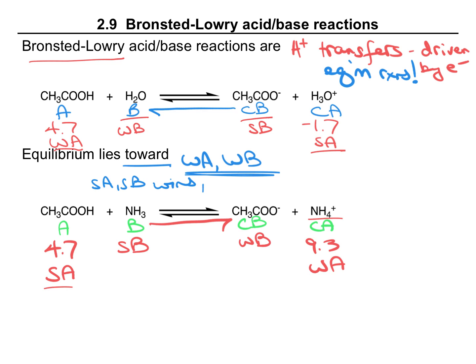Instead, we want to focus on the particular reaction. When this is reacting with a particular base, it happens to be the weaker acid. When acetic acid is reacting with a different base, then it happens to be the stronger acid. So we need to remember that stronger and weaker is all relative.